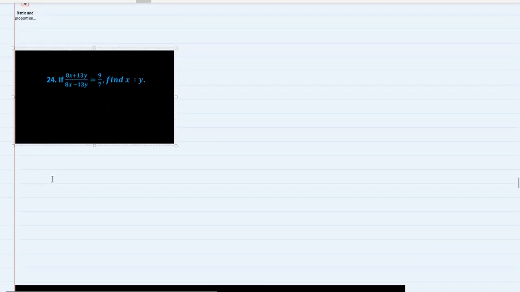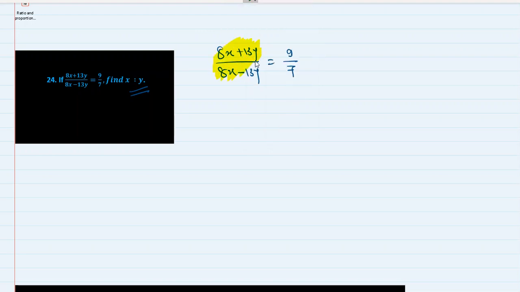Okay, so we have got one question which says (8x plus 13y) by (8x minus 13y) is equal to 9 by 7. You have to find x is to y. Now remember one thing. Here you already see a pattern which looks like one of the properties of the ratio. Which property did we study just now which looks just like this?